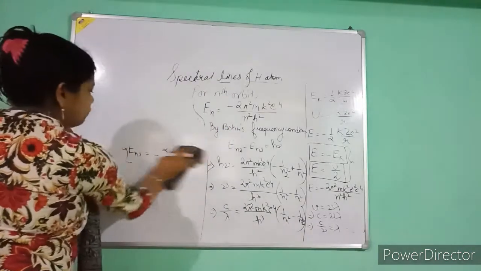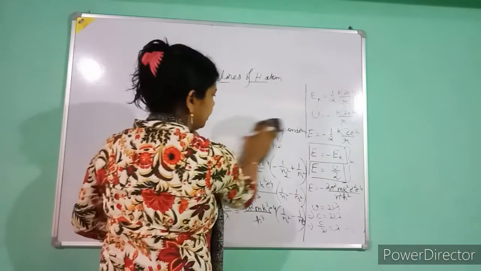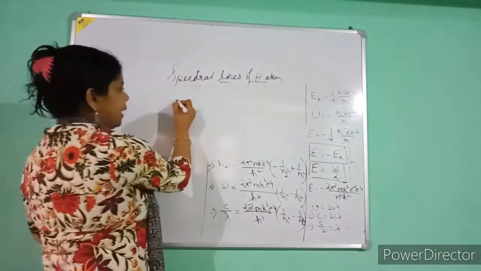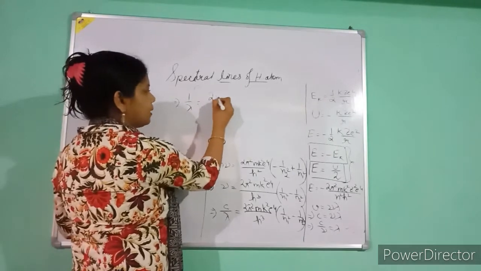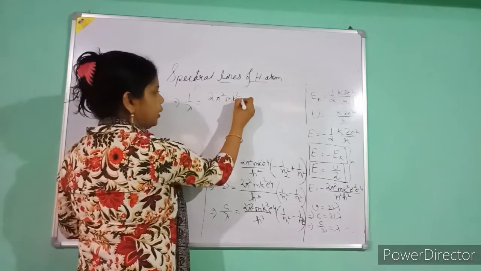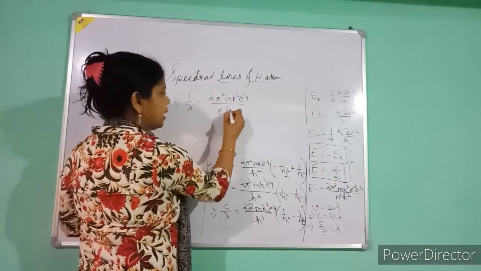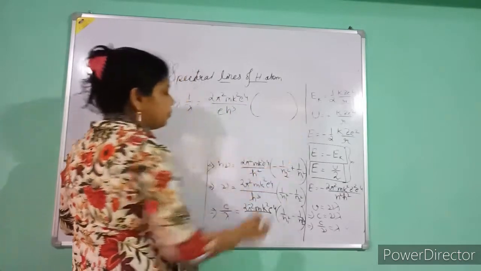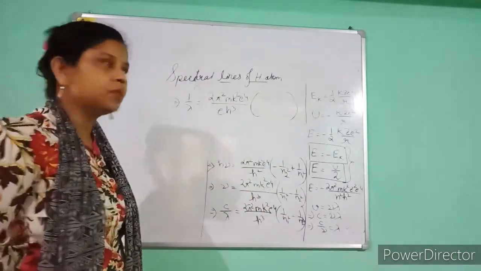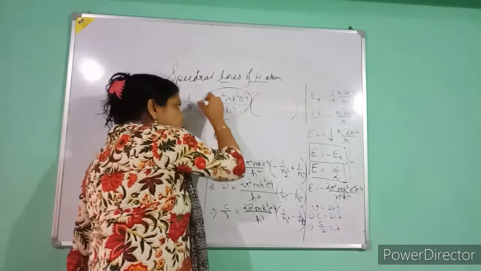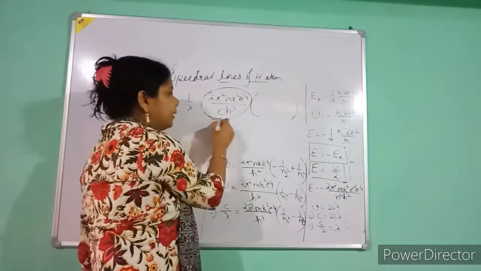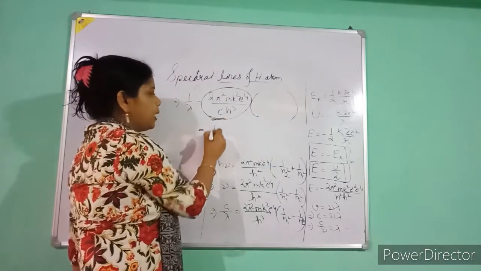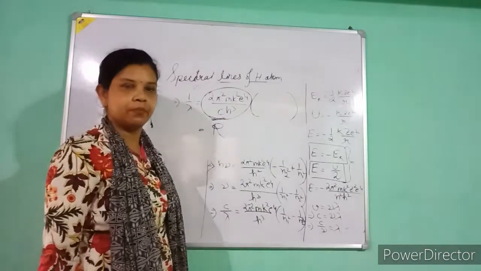Now after writing this formula, can I write this as 1 by lambda is equal to 2 pi square m k square e to the power 4 divided by c h cube? The middle term will remain the same. Now this is entirely a constant term, which is known as the Rydberg constant.